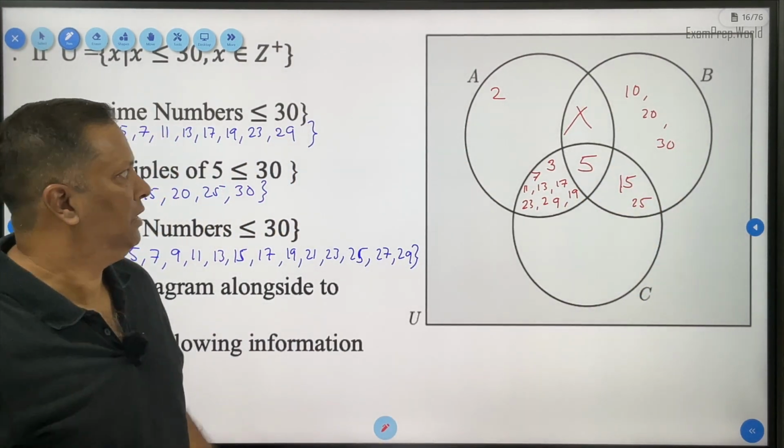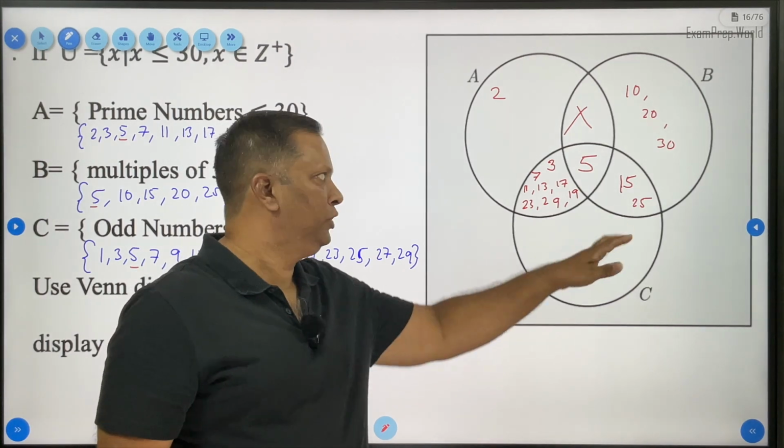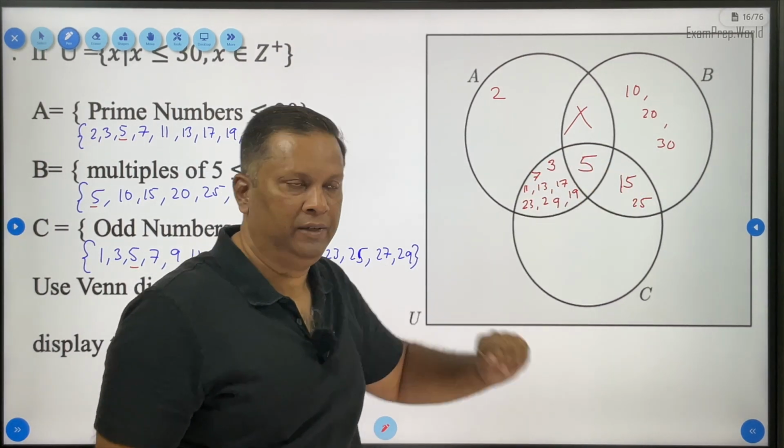Now you just have to plug in values of C which you don't find here in the common area.